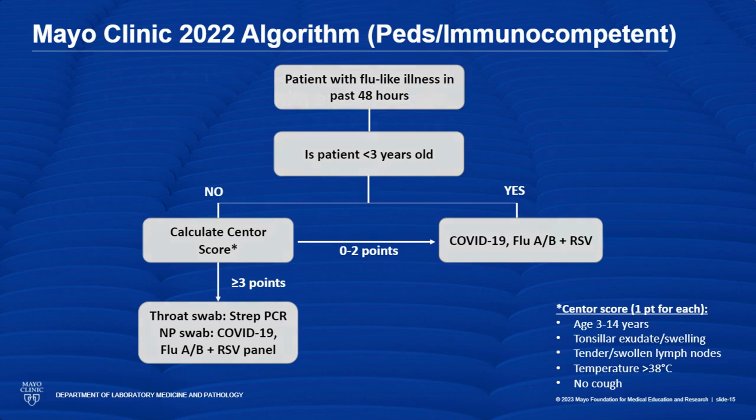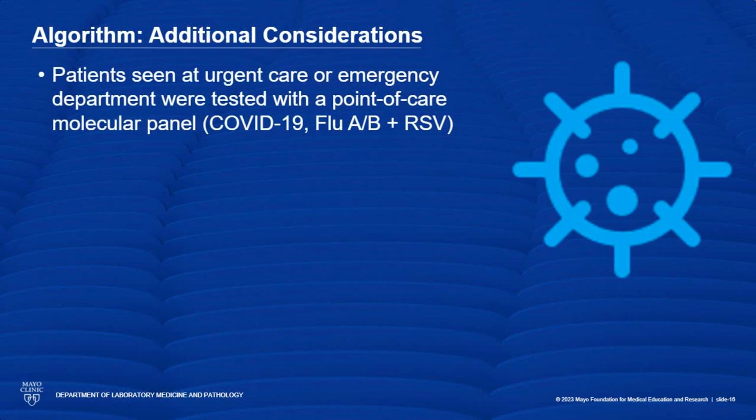So just a few other considerations for this algorithm that we put in place in 2022, and in large part is the same that we're using in 2023, is that patients who presented to one of our urgent care locations or to our emergency department, those locations do have a point of care molecular platform where we can perform testing in the urgent care center or in the emergency department with results available in about 20 minutes for COVID, flu, and RSV.